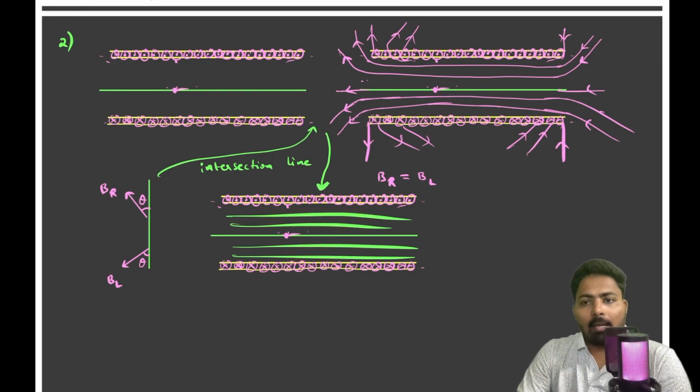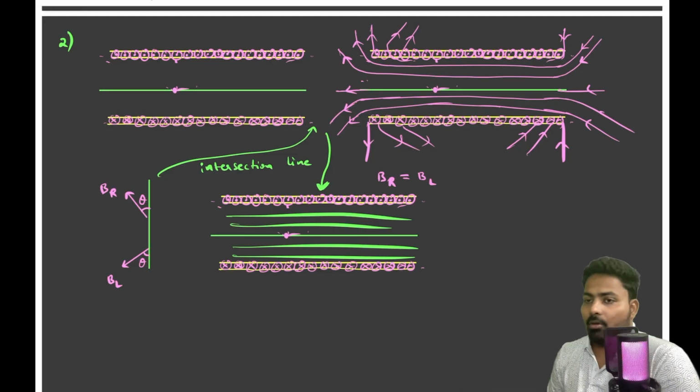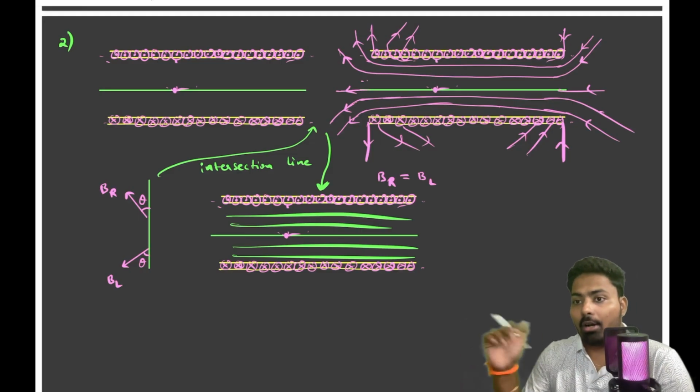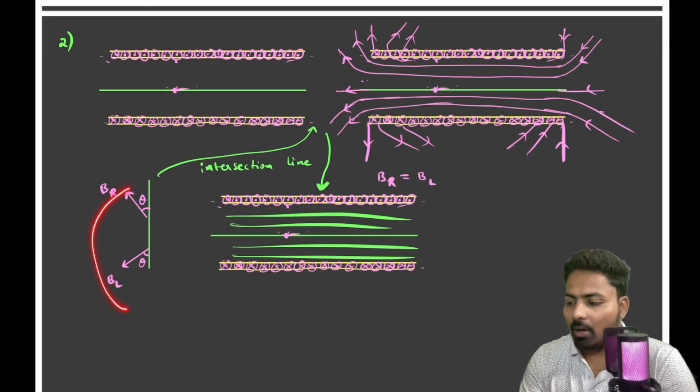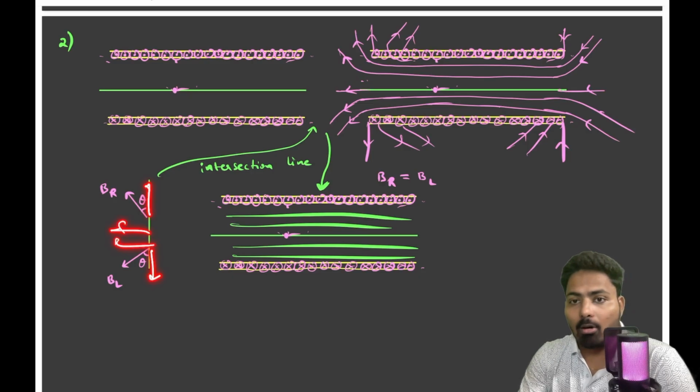Uniform. So in a uniform, long solenoid, we already know what the magnetic field is inside, right? That is mu naught Ni. So as I said, the vertical components will get cancelled over here. But what about the horizontal components?